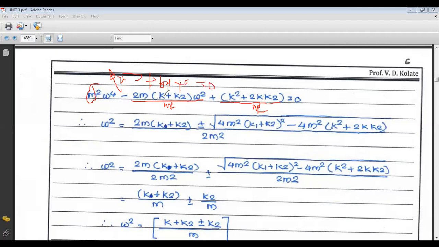This is a quadratic equation, but it is in omega square, because it is in omega raised to 4. So the root is in omega square. So omega square is equal to minus b, plus or minus the square root. This is the value of b, then this is the value of c, and the value of a is 1.